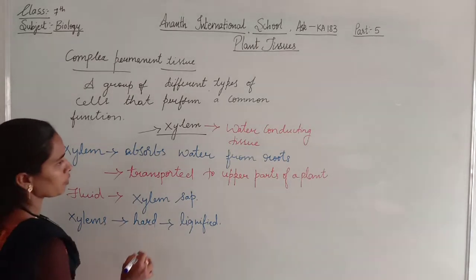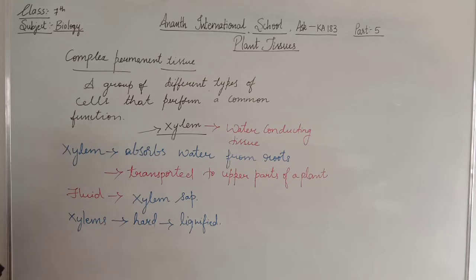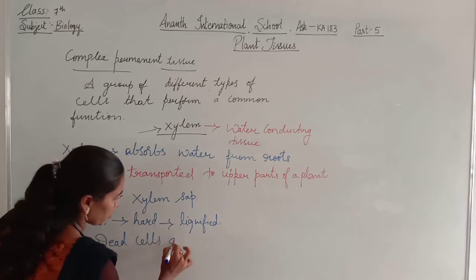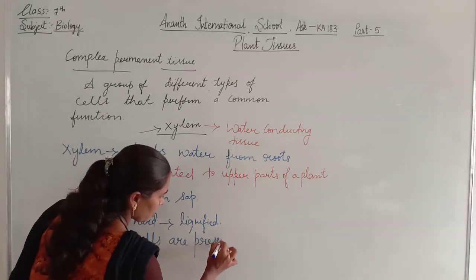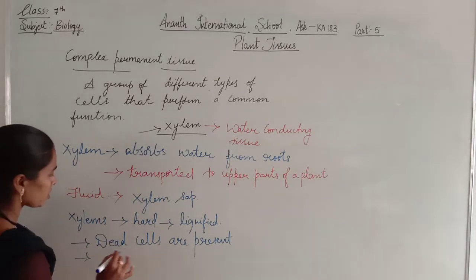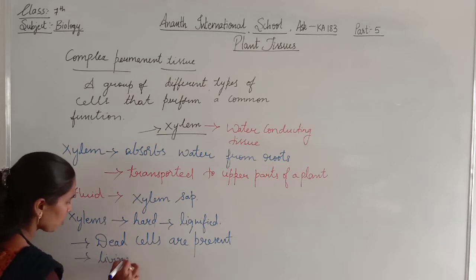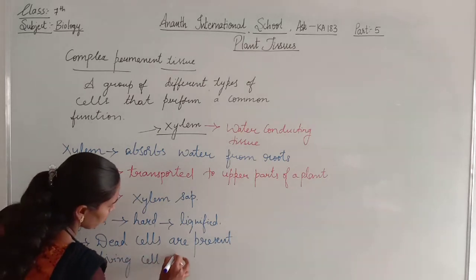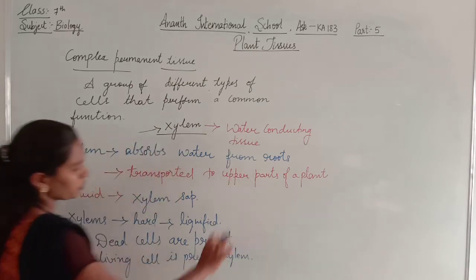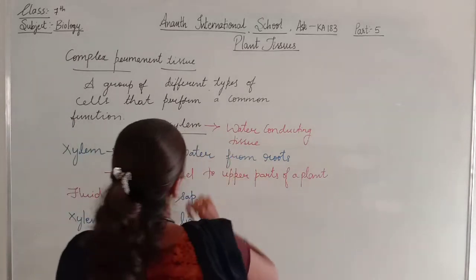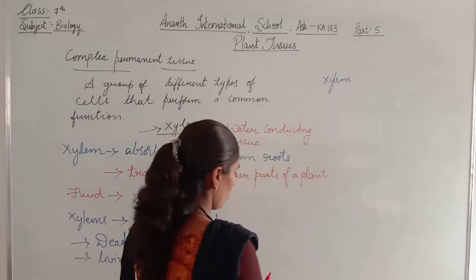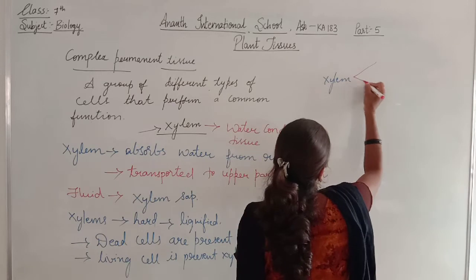Most of the cells present in the xylem are dead cells, and only one type of living cell is present in the xylem tissue. The xylem also contains different cells; in fact, the xylem contains four different types of cells.